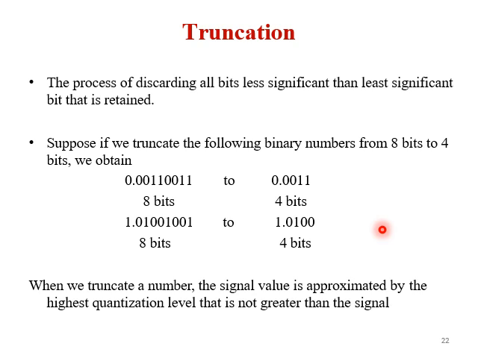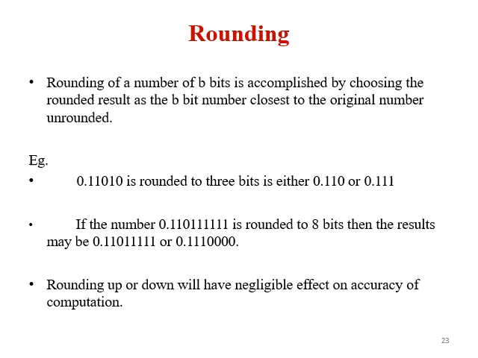Suppose we want to truncate binary numbers from 8 bits to 4 bits, for example 0011, then I can truncate it to only 4 bits. When we truncate a number, the signal value is approximated by the highest quantization level that is not greater than the signal. It is clear, right?